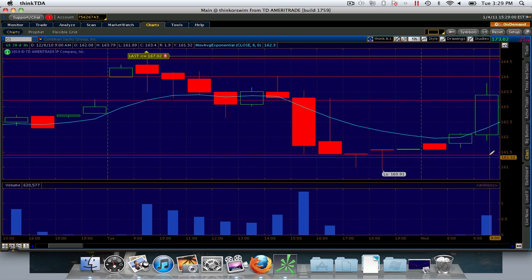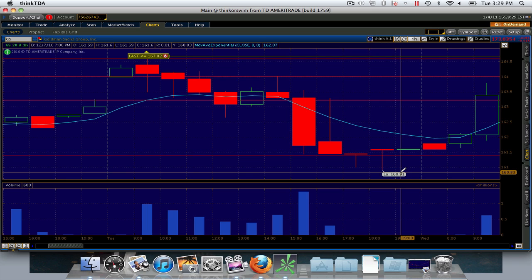We see the next morning in the first hour that the price closes well above that 8 EMA, and there's really nice slope to the moving average. So that's where I'm going to go long. And your stop would be set just below the low of where the price found support. So at about 160.81.